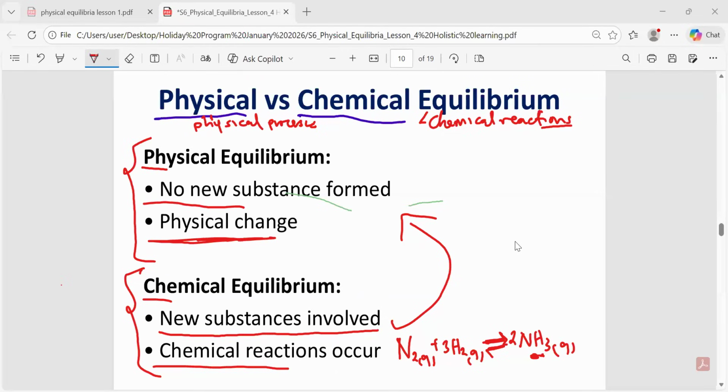But to my own understanding, I think under chemical equilibrium, there are other substances that are irreversible. Now, first look at this.